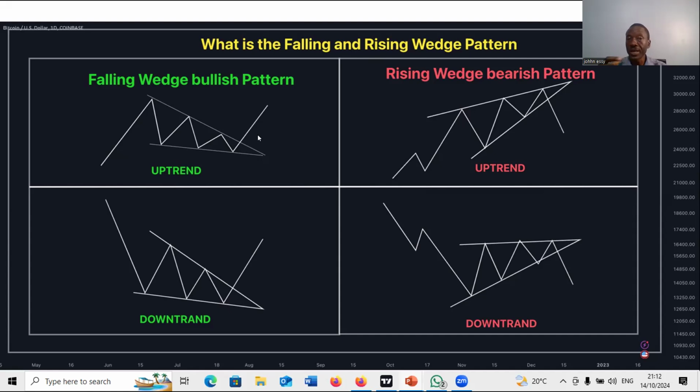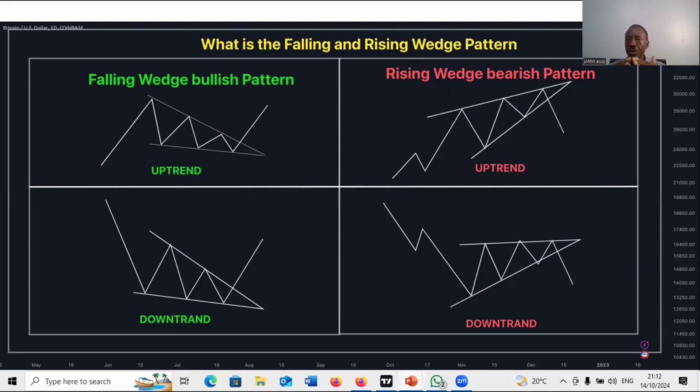If it is a green candle, it will be a confirmation candle, just to tell you that a breakout has happened. So these two have different meanings. If you get a rising wedge, it is normally referred to as the bearish wedge pattern.